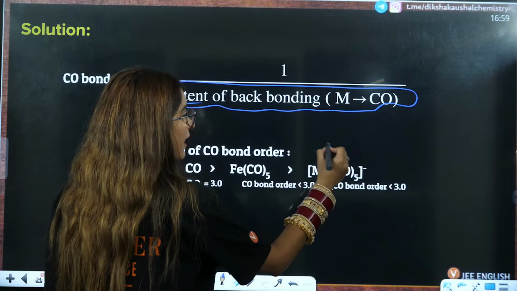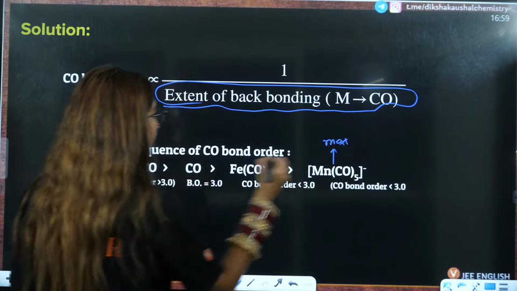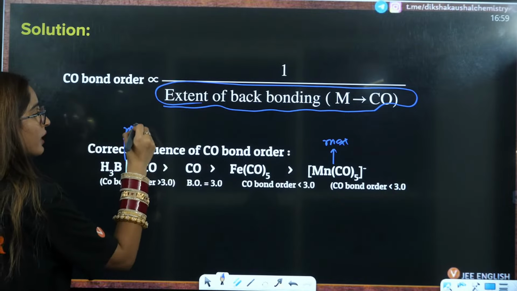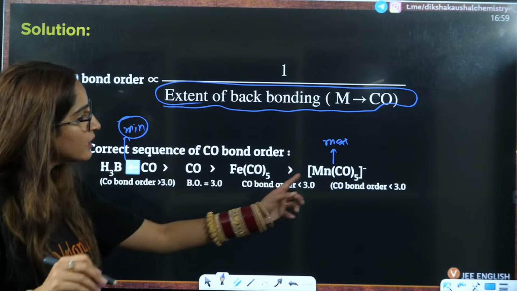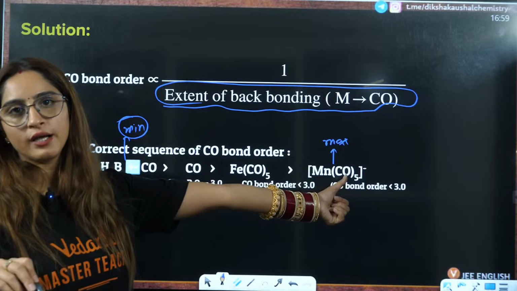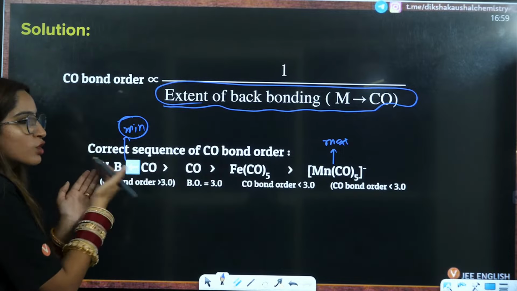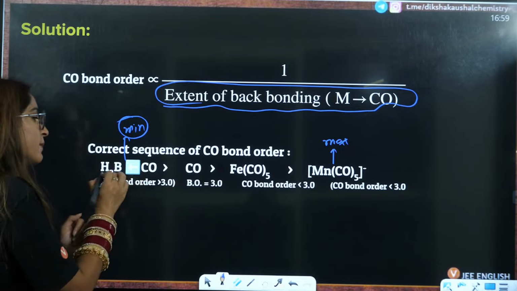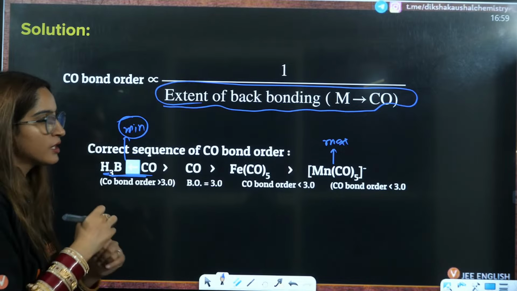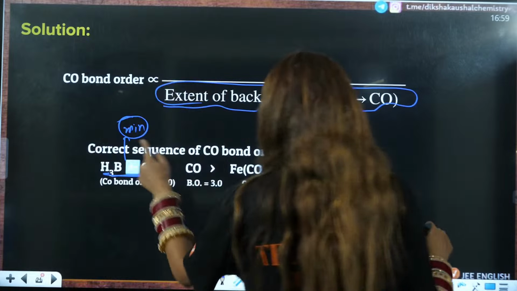Here you have the maximum back bonding and here you have the minimum back bonding. Reason being, here the metal is donating electrons to the ligand. Here the metal is taking the electrons from the ligand. So that is why minimum back bonding is present here. So maximum, then less, then minimum.